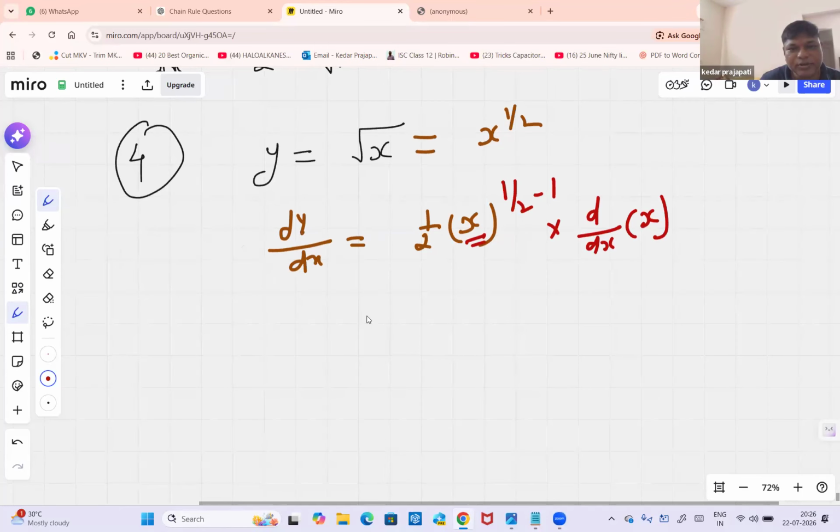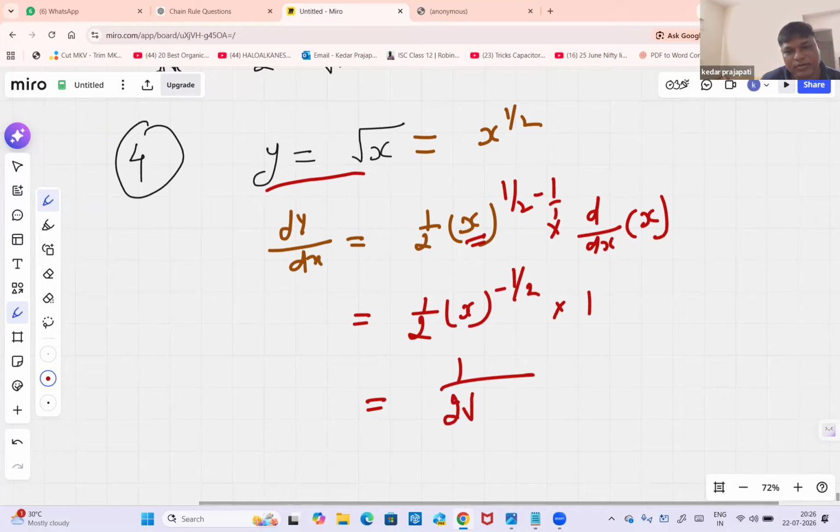Right? Write complete things in the exam. If this question comes, don't write dy by dx equal to 1 by 2 root 2. So this will be 1 by 2 into x to the power minus half, and this is 1. Now you can write 1 by 2 root x. Clear?